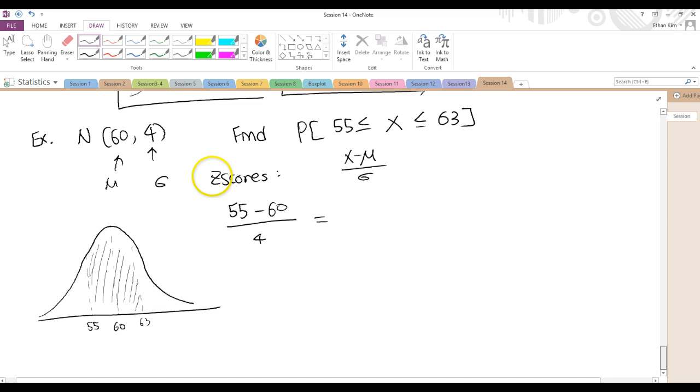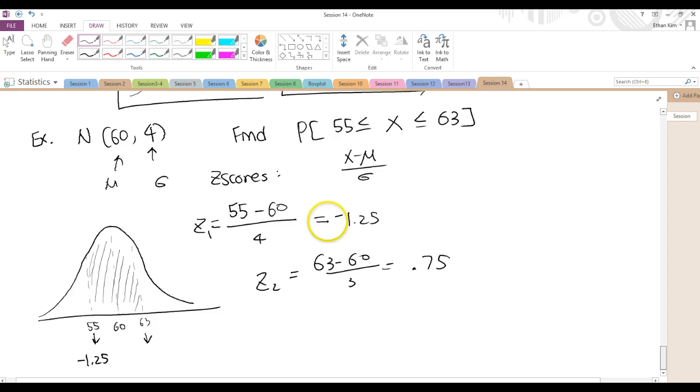So let's label this as z1. z1 is negative, what is this, 1.25. So this becomes negative 1.25. Alright, and z2, if you do the same, is 0.75.